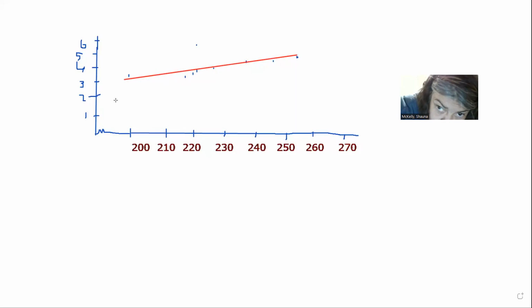Okay, that's my regression line. You'll have graph paper, so yours will be a little more accurate.